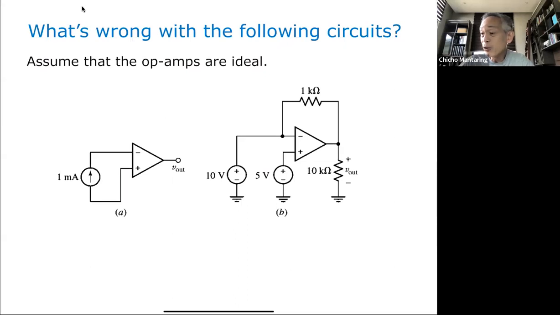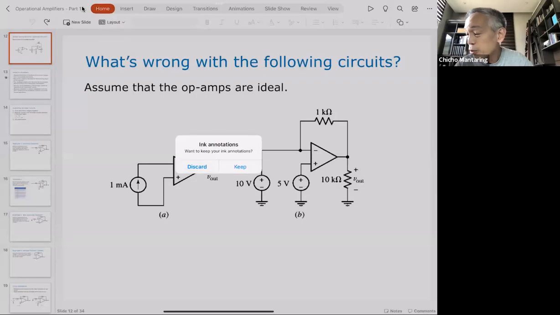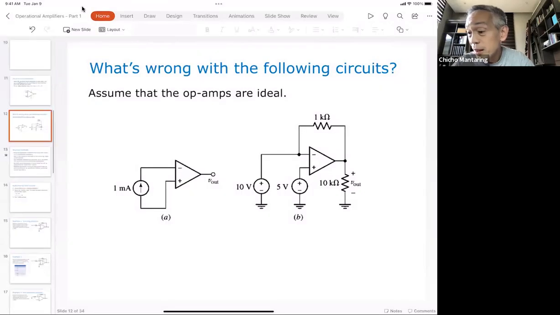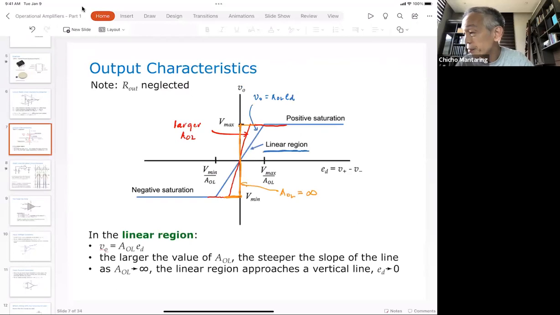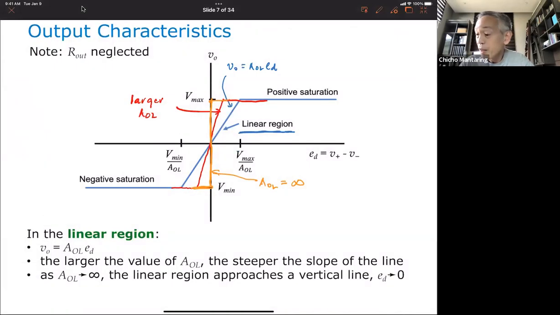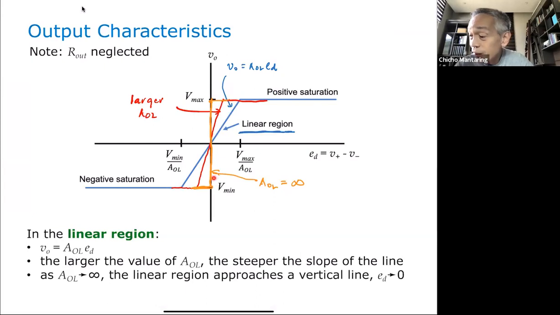If I go back to this curve, so this is your linear region. Okay, dito lang valid yung virtual short. If it is not operating in the linear region, it is operating either somewhere here or somewhere here.